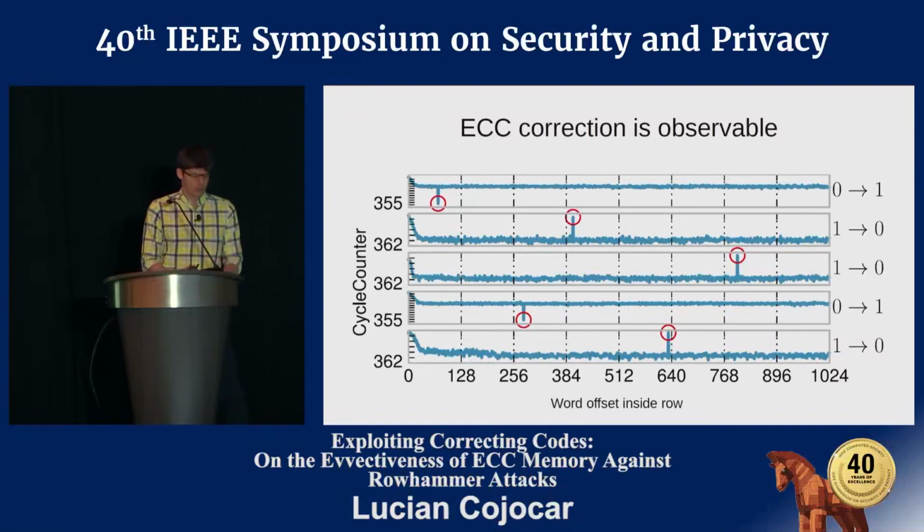So it's the word offset. We can clearly see a distinction between normal execution and some of those peaks. It turns out, we had a way to check where the bit flip happened, and those peaks do correspond to a bit being corrected by the hardware.